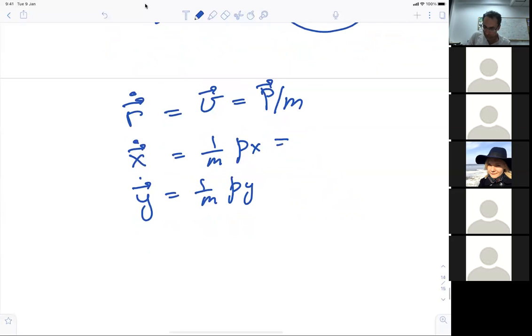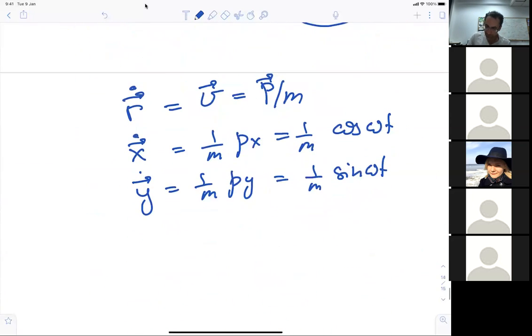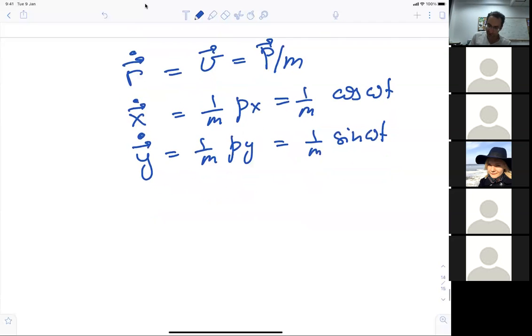But we have already computed these: this is equal to 1 over m cosine omega t, and this is equal to 1 over m sine omega t. So what does it tell us about x and y as a function of t?